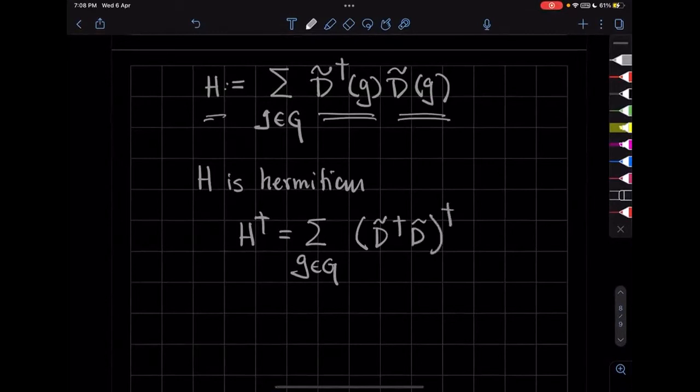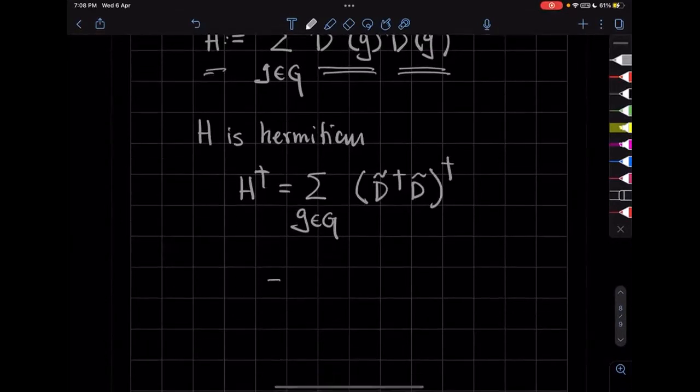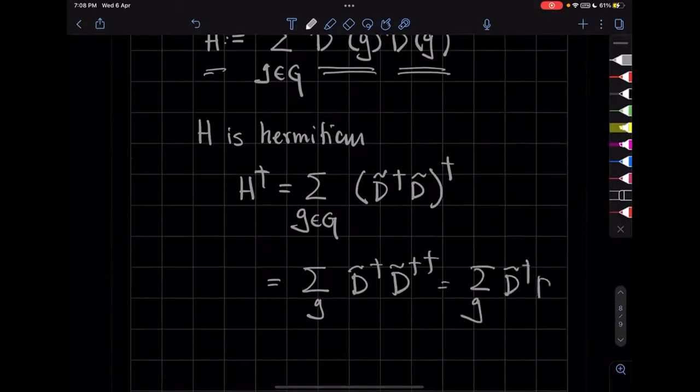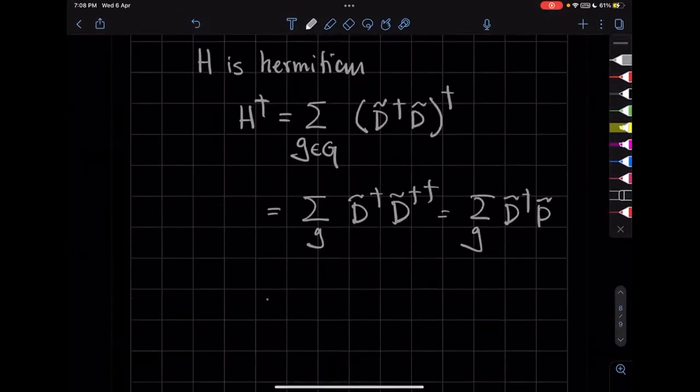I'm not writing the argument anymore. So this becomes, so we see that H is a Hermitian matrix.